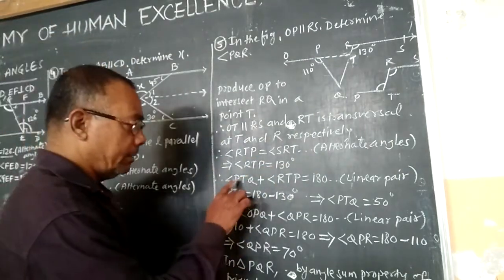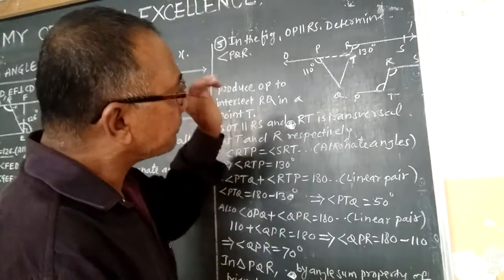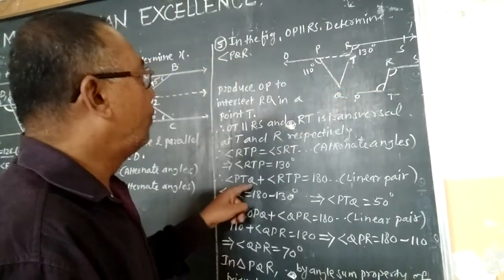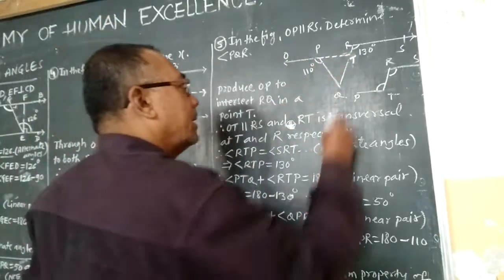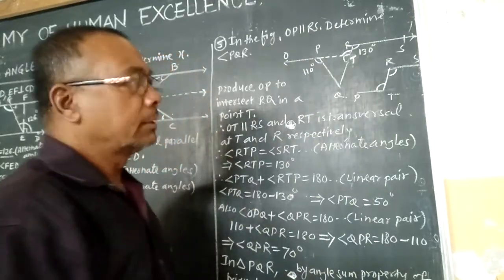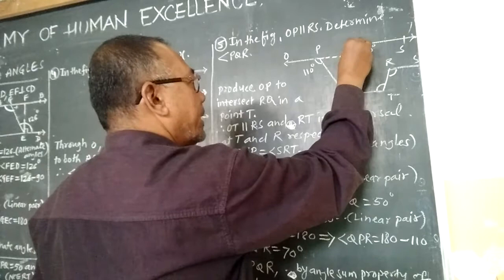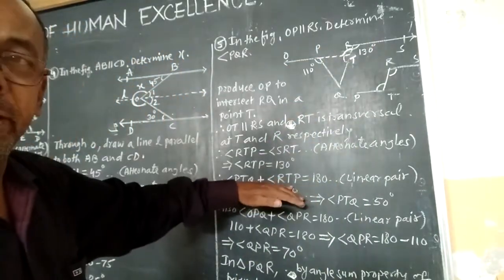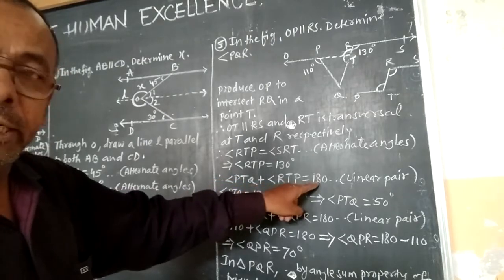Now we have to write here PTQ plus RTP. PTQ means this angle plus this angle. These two angles are a linear pair of angles, and therefore the sum of these two angles will be 180 degrees. So PTQ plus RTP is equal to 180 degrees.